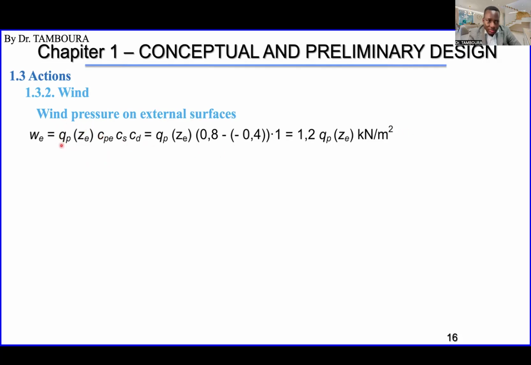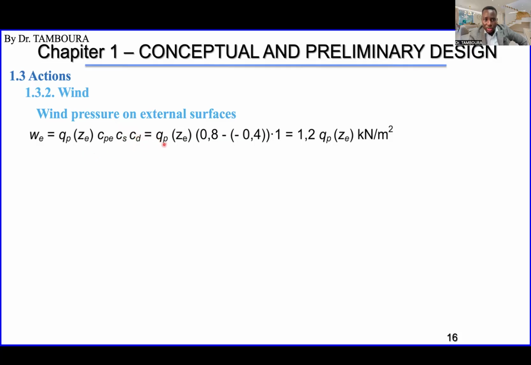This one is what we obtained as the peak velocity pressure of the wind. And these are the factors 0.8 and minus 0.4. We add them together. And this is the structural factor, which we said is 1, so it's neutral.